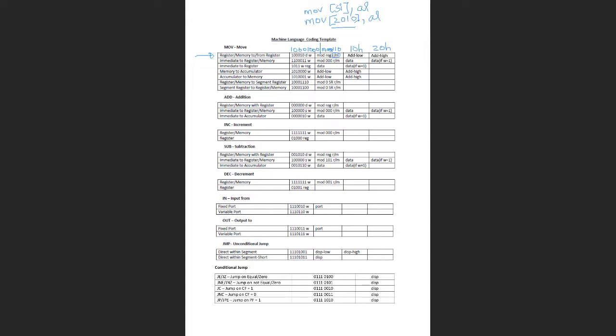Which one didn't you get? All right, let me discuss. So address low, look at here, the address is directly given. 2010 is the offset address of the memory location, right?